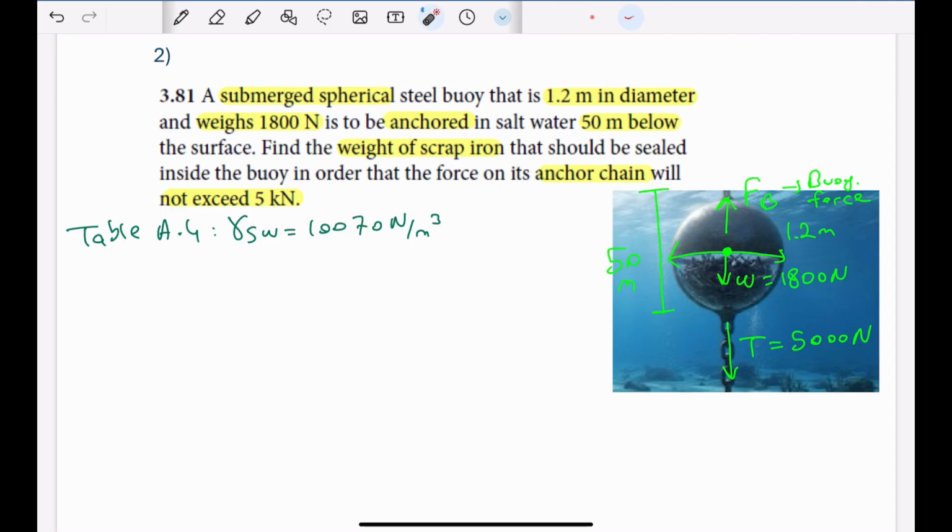And the question wants us to find the weight of scrap iron inside of this buoy. So let me use another color. As you can see, we have some scrap irons like these ones. So we need to find the weight of these scrap irons. So let's write W scrap.